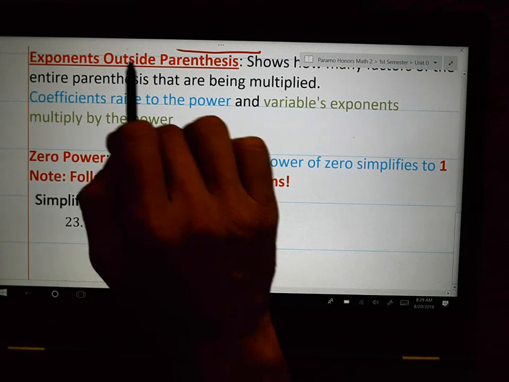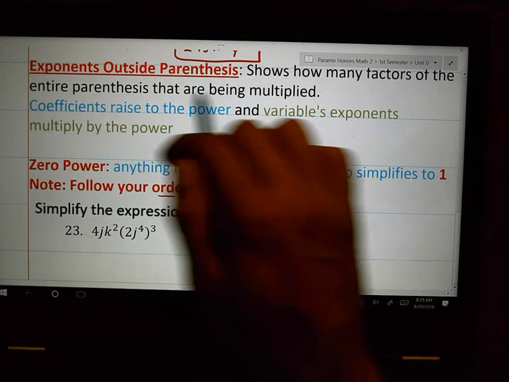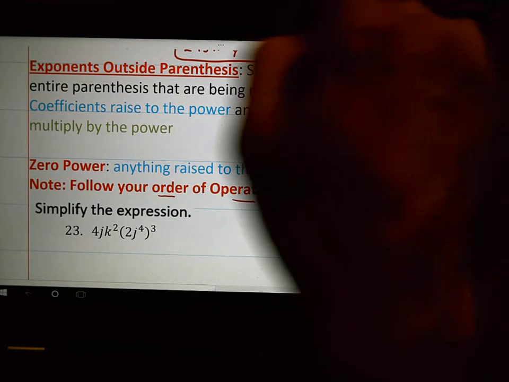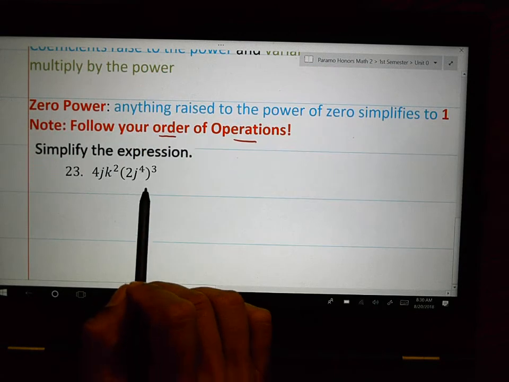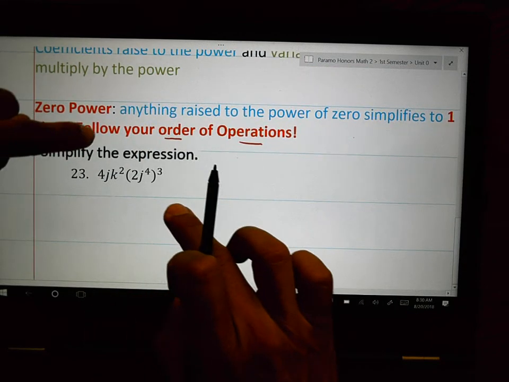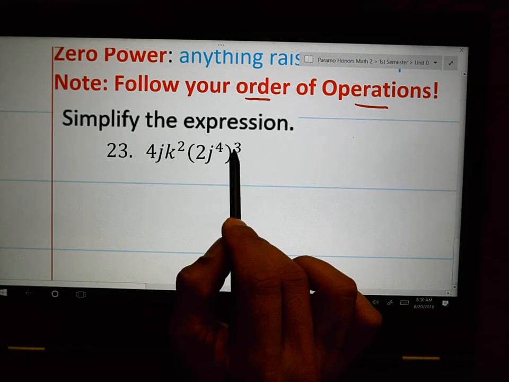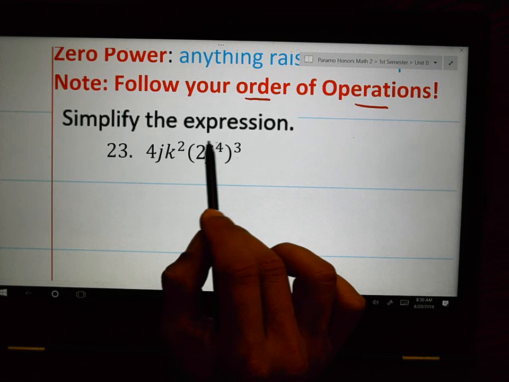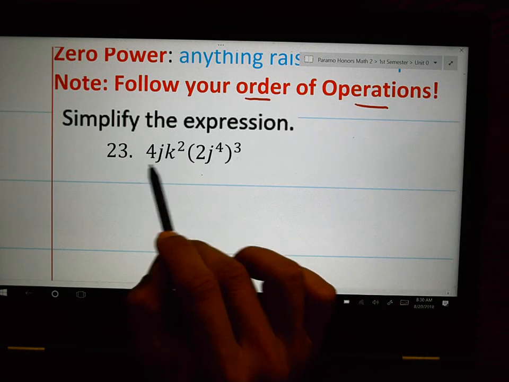Anytime there's an exponent outside of parentheses, it shows how many factors of the entire parentheses are being multiplied. So let me zoom in just a little bit. This 3 means that you have 3 factors of this group. It does not mean you have 3 factors of this other group.